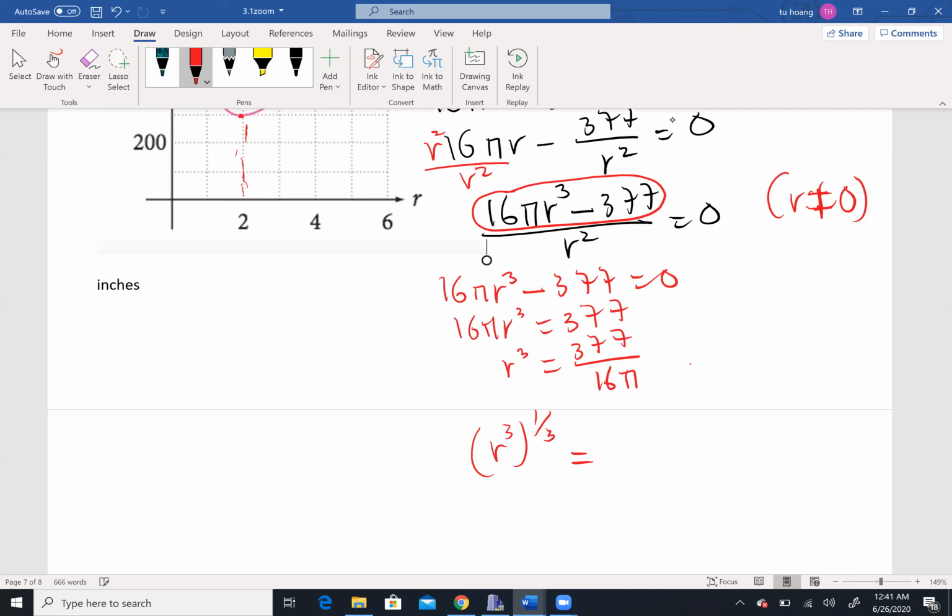Same thing as the cube root, but I just write it as a cube root. So 377 over 16 pi to the power 1/3. Remember that since the root here is a cube root, the index is 3, so we will not have the positive negative case. It's just gonna come out as only one case.